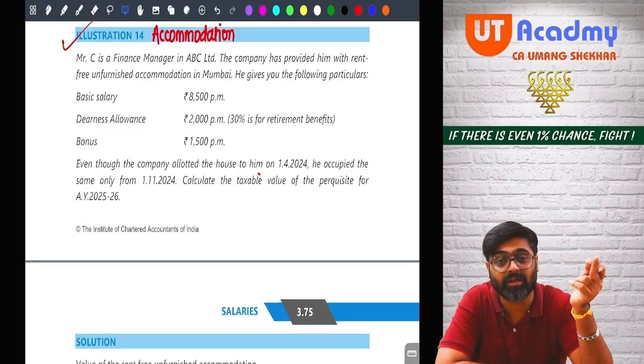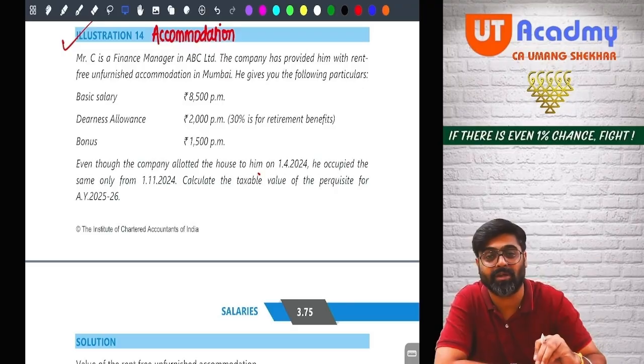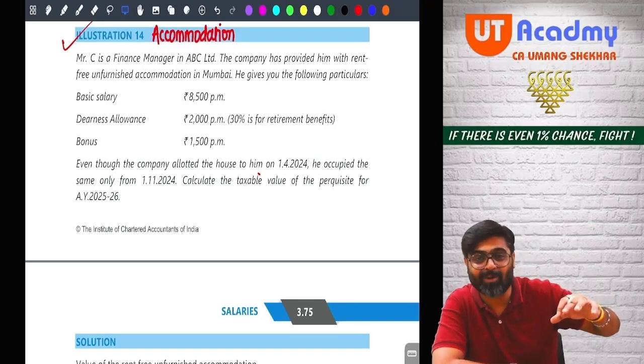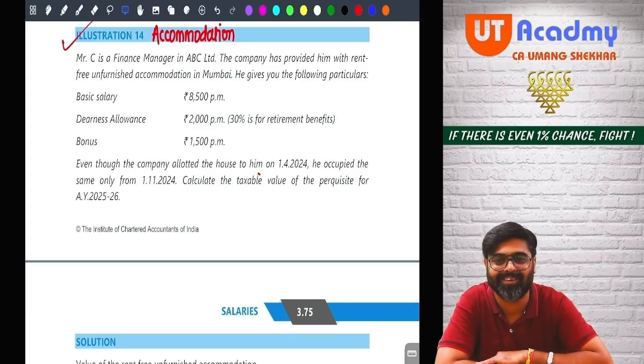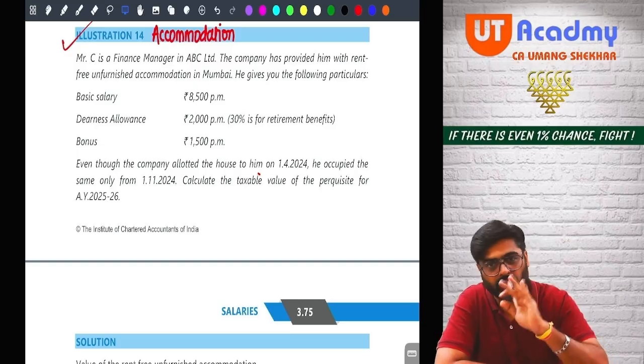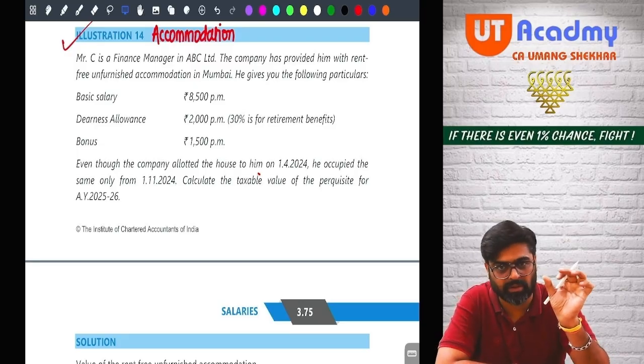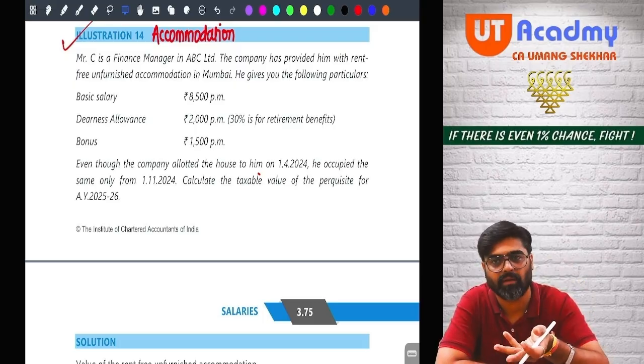Why? Because in that city, the employer was not giving own accommodation. He was taking an accommodation on rent and giving it. So there we don't have to see the population also. Getting my point? If you require the details of the population, they will definitely give you the population details. Otherwise, it will not be given.